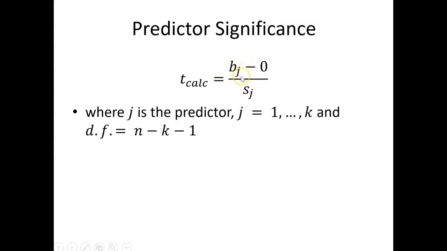We're testing to see if the estimated coefficient, lowercase b sub j, where j is our index for the number of the regressor, j equals 1 to k regressors, is different from 0.